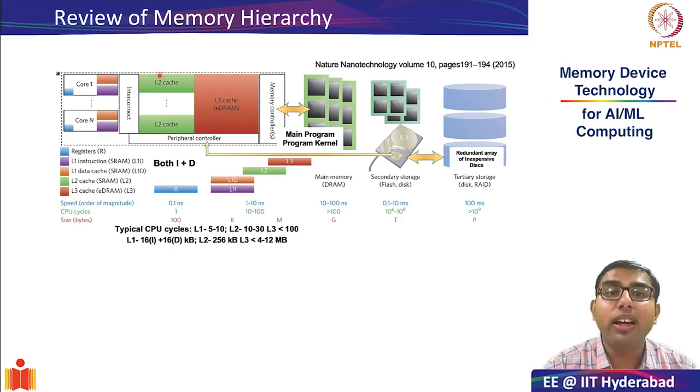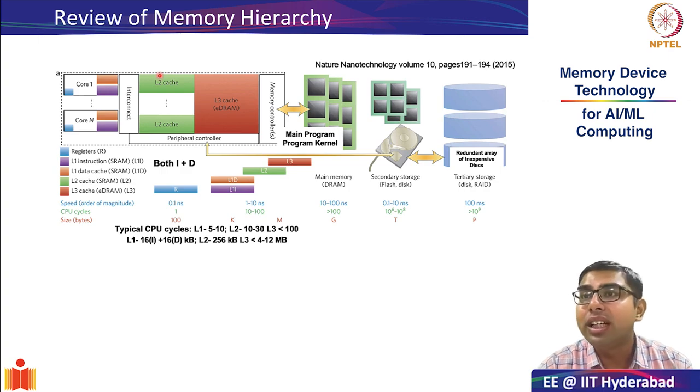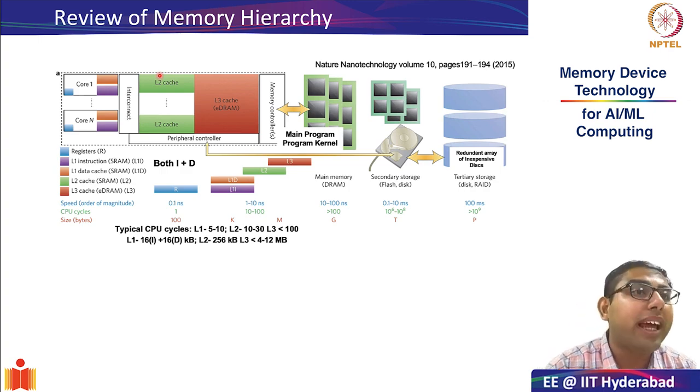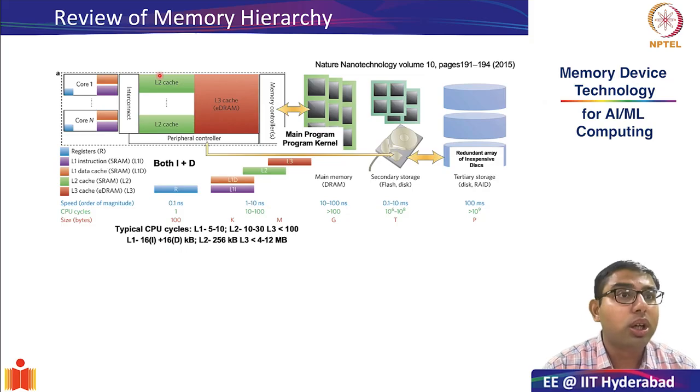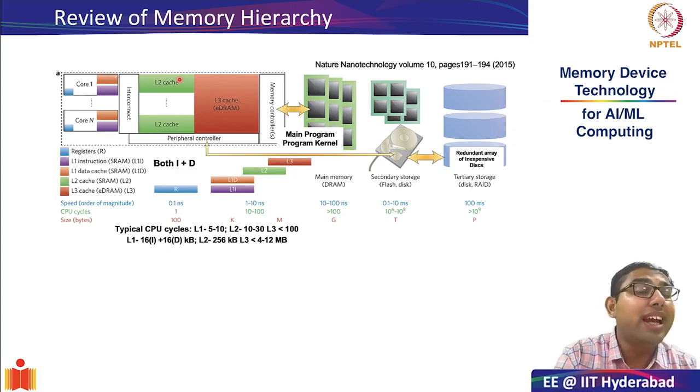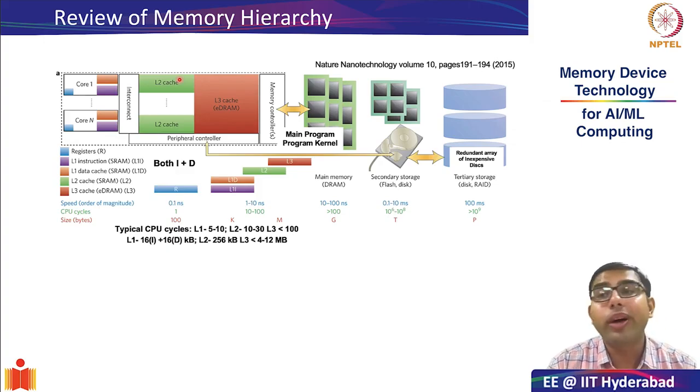The interesting thing in L2 caches is that the necessity for pipelining is not that important. So there is no distinction between L2 instruction and data caches. L2 caches can hold both instruction and data.